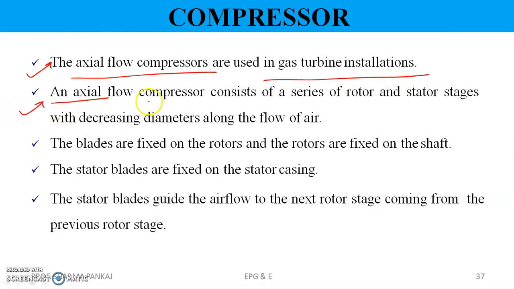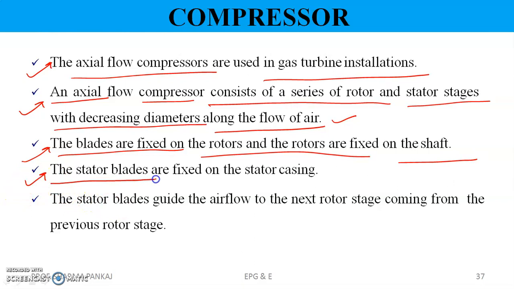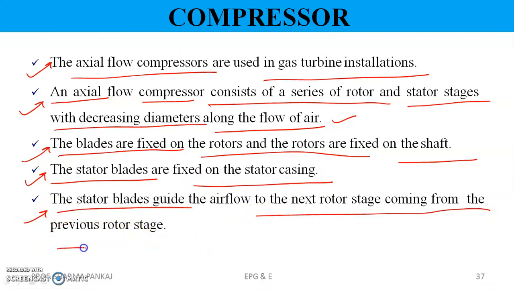An axial flow compressor consists of a series of rotor and stator stages with decreasing diameters along the flow of air. The blades are fixed on the rotors and rotors are fixed on the shaft. The stator blades are fixed on the stator casing, and they guide the airflow to the next rotor stage coming from the previous rotor stage.